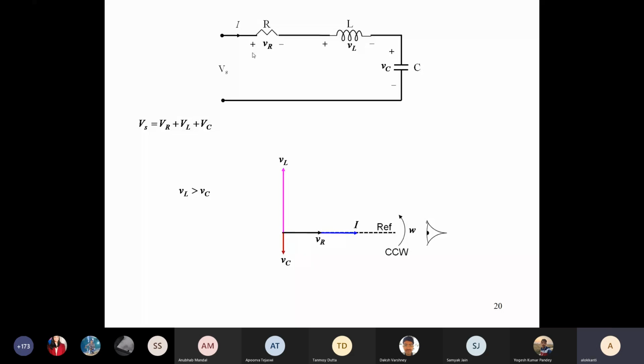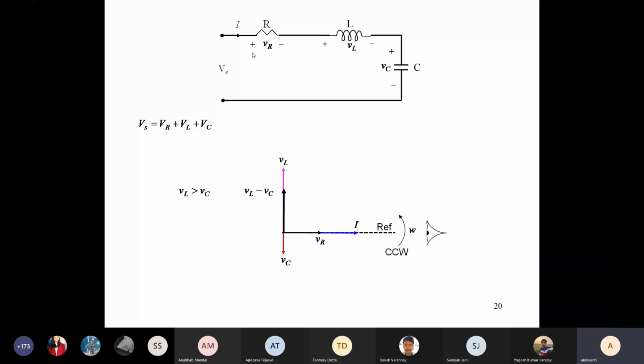The inductive effect is most of the times dominant in the circuit. So most of the times VL is greater than VC, so your result VL minus VC is in the direction of VL only, but with the reduced magnitude, because VC is in the other side, just 180 degrees opposite.